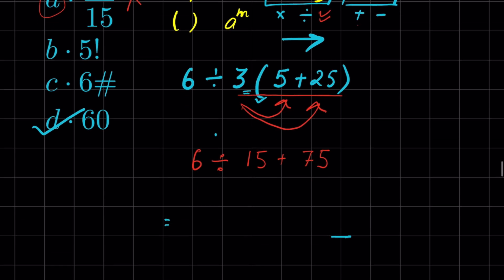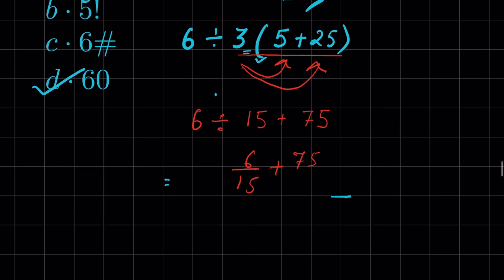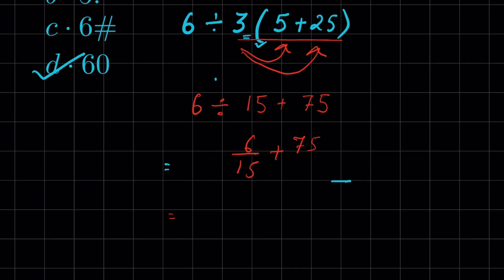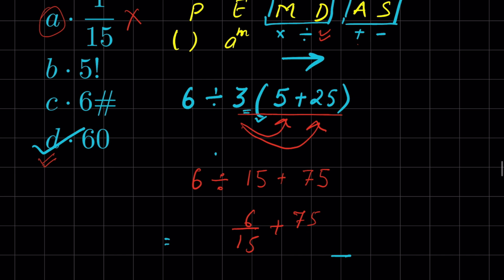In that case, we will have 6 upon 15 plus 75. But you can see this will not give us the correct answer. The correct answer is D, 60. So here we cannot use the distributive property because first we will have to solve the bracket, then only we can deal with the operation outside the bracket. So this part needs to be done first.